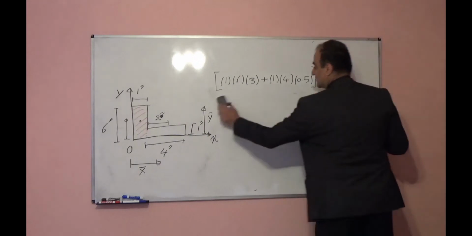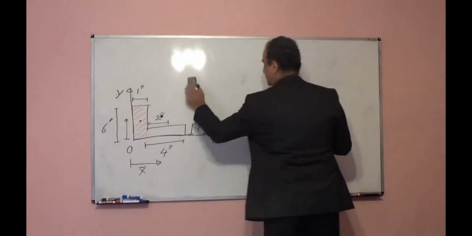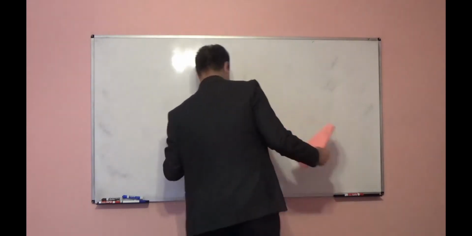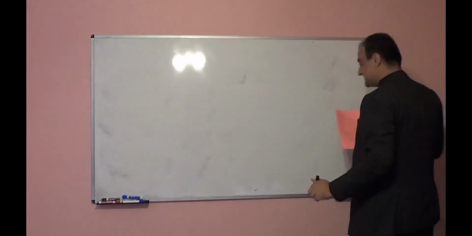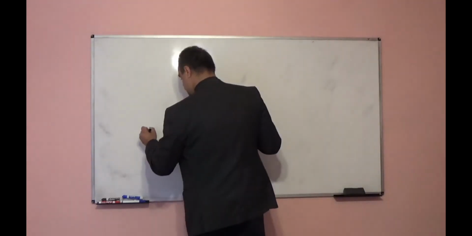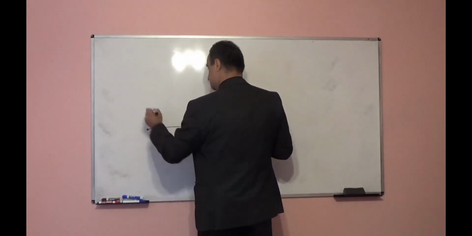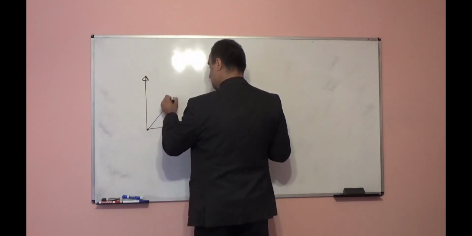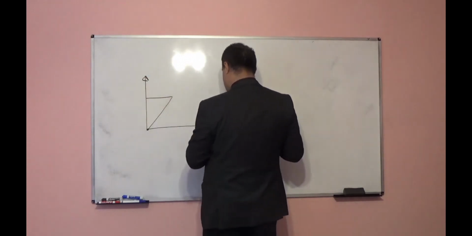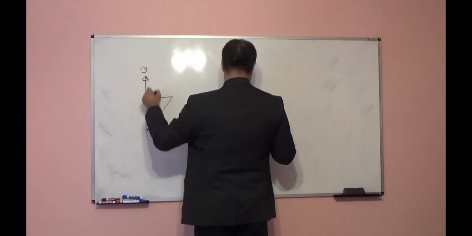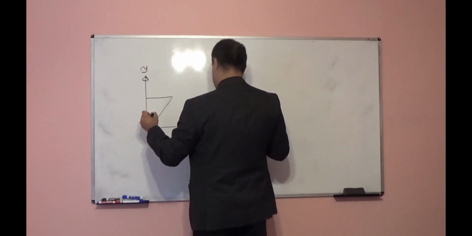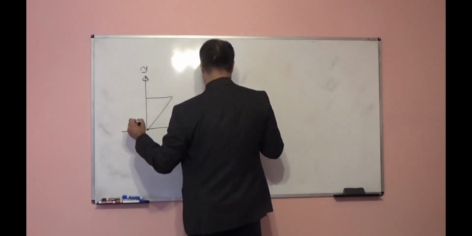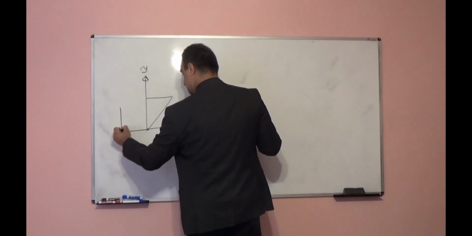So let's look at another example. For example, this shape. This is coordinate x, y direction. The shape is like this, one triangle part. This is another part.